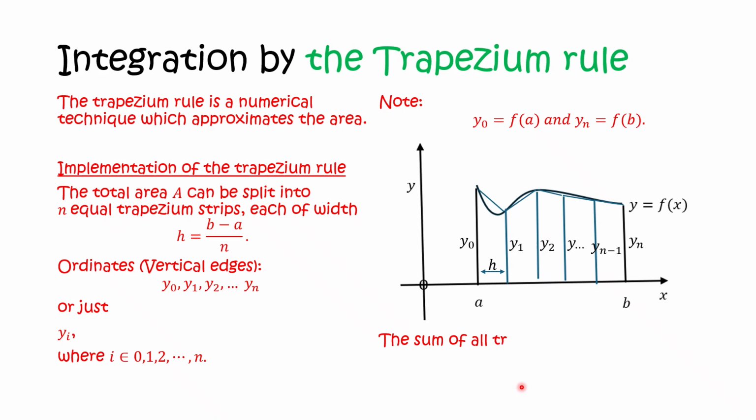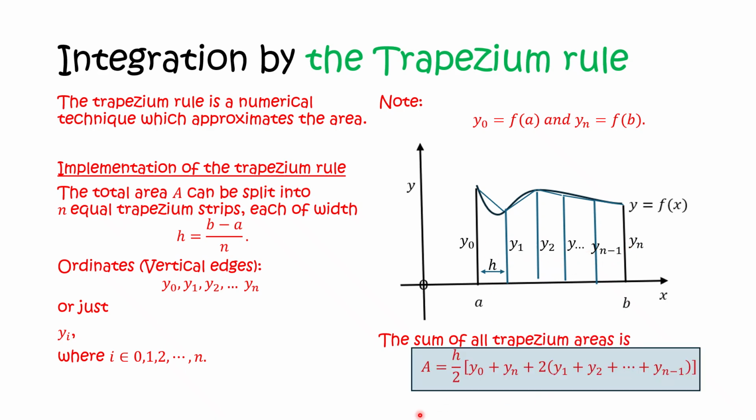Then the sum of all the trapezium areas will be given by A is equal to h over 2, and in brackets y0 plus yn plus 2 times y1, y2 up until yn minus 1. This occurs because we've got, say for example, 5 trapezia.